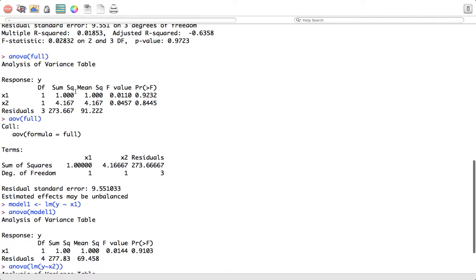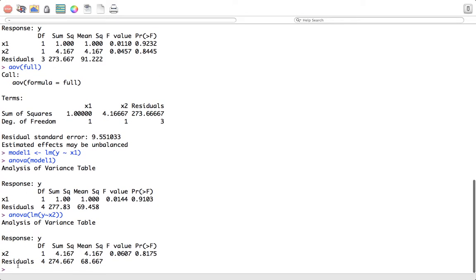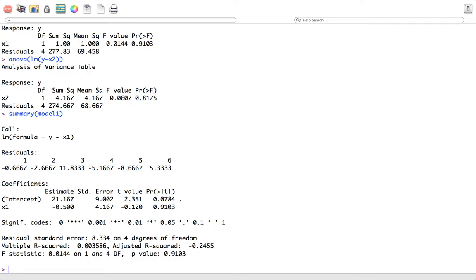Now what I want to do, I call this next model, model 1. So I want to go summary of model 1, and see the coefficients when we just have x1 in our model. Well, here we have y hat is equal to 21.17 minus 0.5x1.